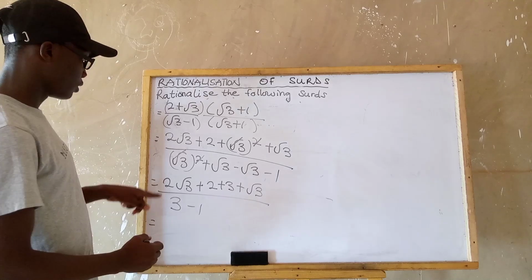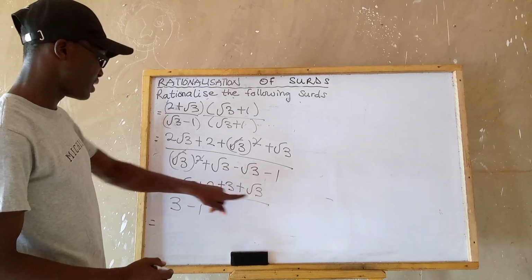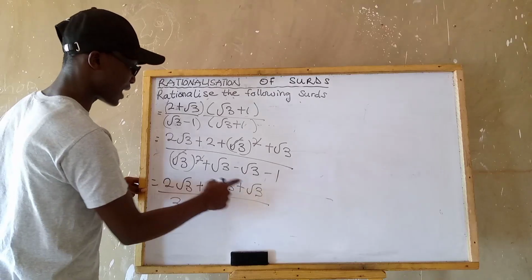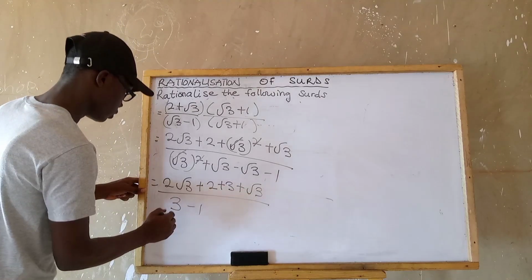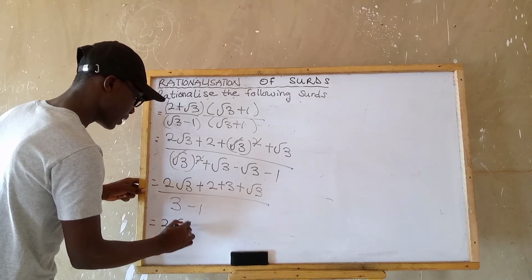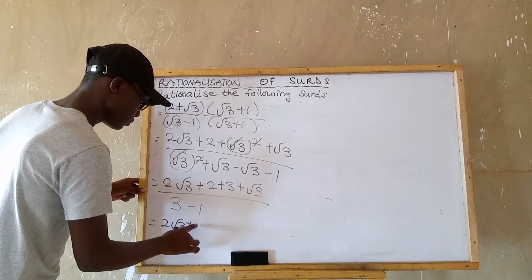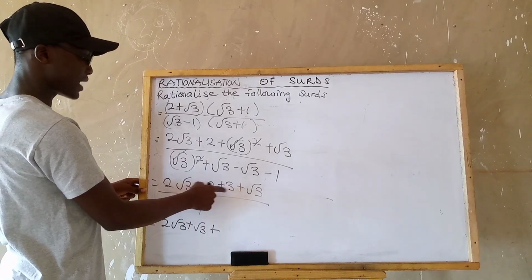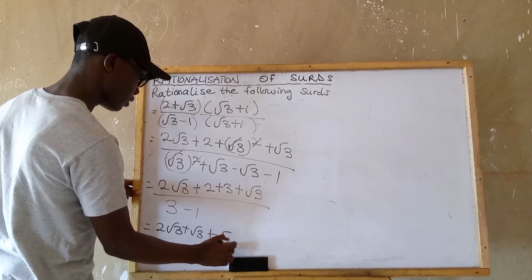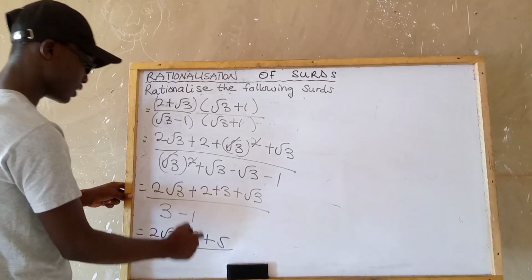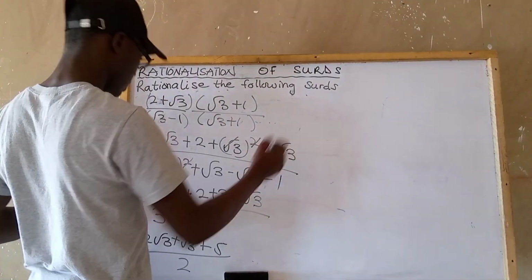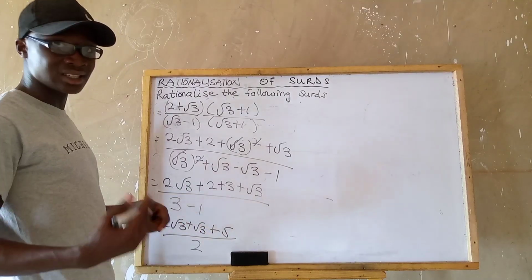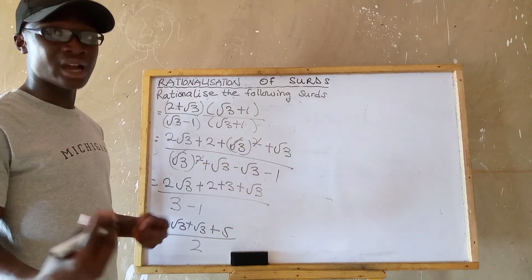So we have root 3 and root 3 here. So let's add 2 root 3 plus root 3. Then 2 plus 3 gives us 5, over 3 minus 1 gives us 2. Now we have 2 root 3 plus root 3. Since they are adding and they are the same root, you can add them.